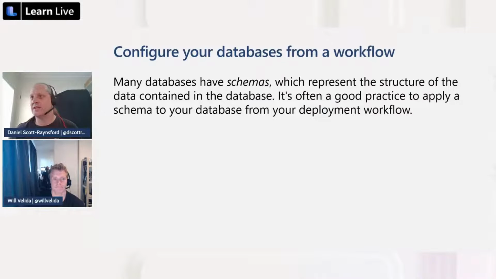Some other data and storage services don't need to be configured by the data plane API. For example, when you're working with Cosmos DB, you can store data in a container. You configure your containers by using the control plane right from within your Bicep file. So this also refers back to what Will was talking about with data plane and control plane.